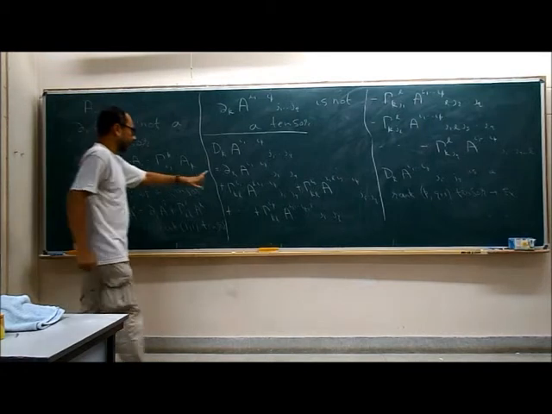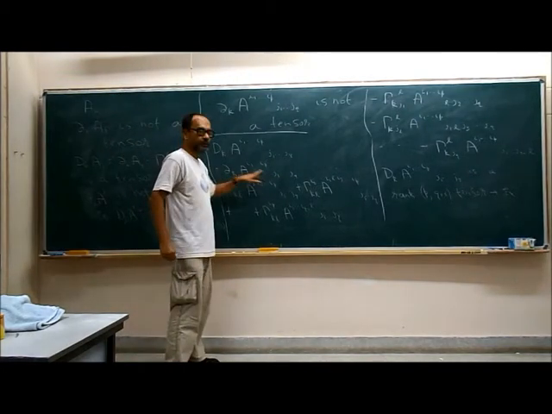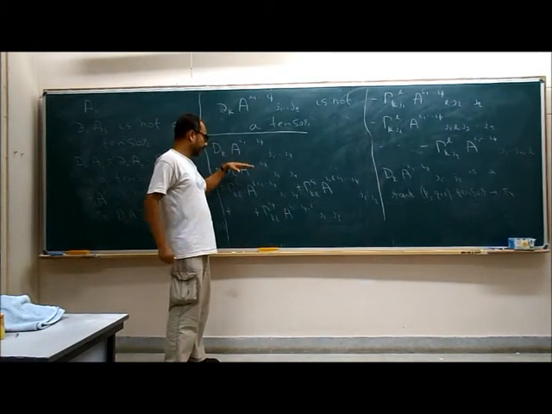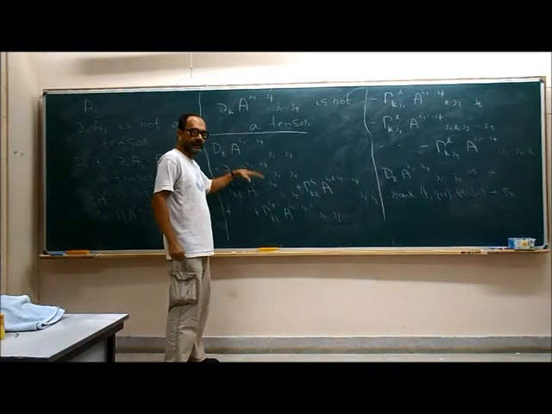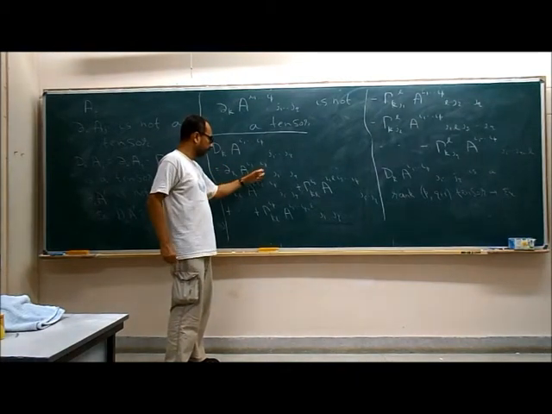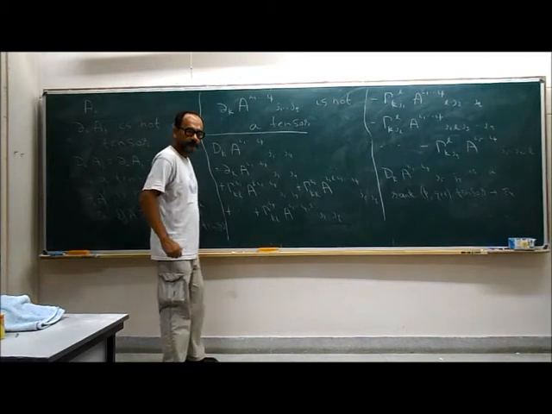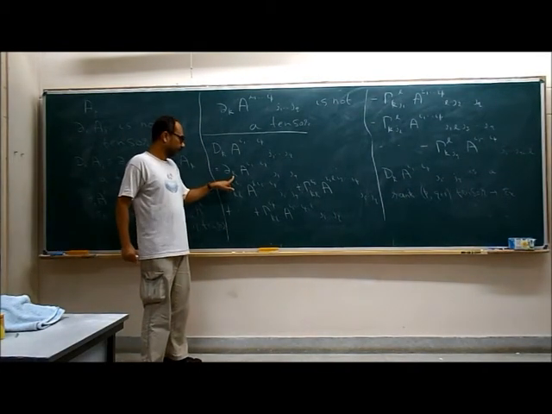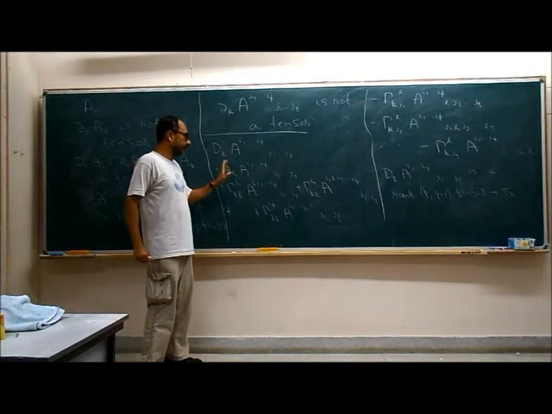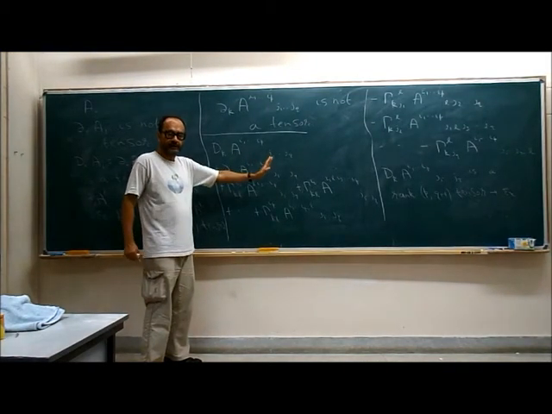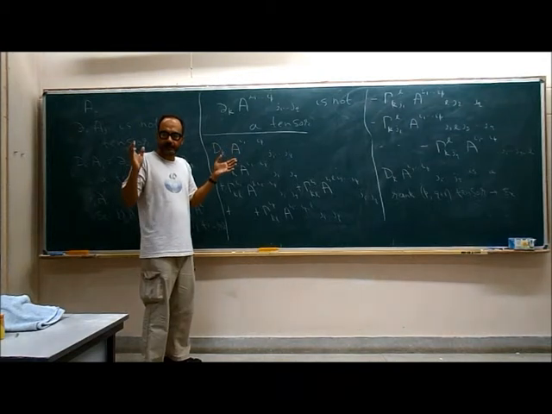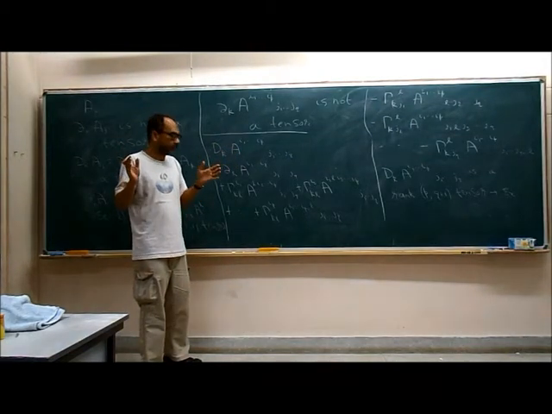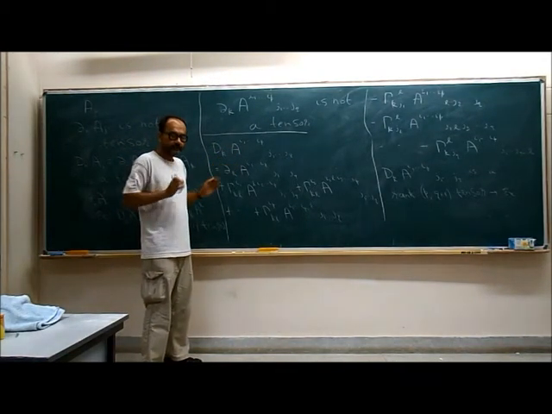And the general idea is the following: in the transformation law of this, you have lots of factors of del x prime by del x, or del x by del x prime. In fact, p plus q factors. When you apply this derivative, it acts separately on each of those p plus q factors, and gives some extra terms, which you don't want because tensor transformation properties do not involve second derivatives.